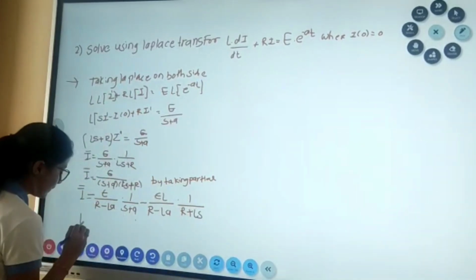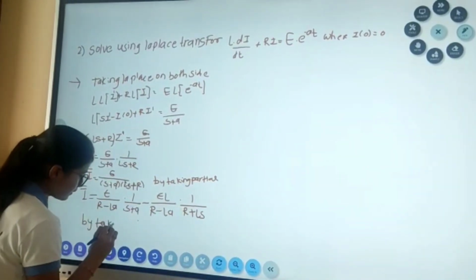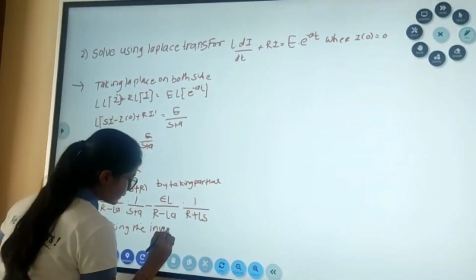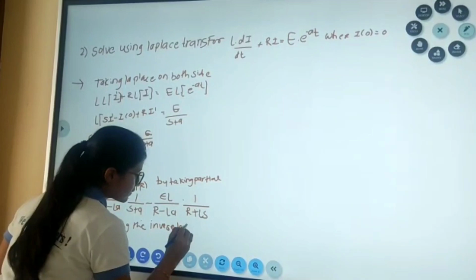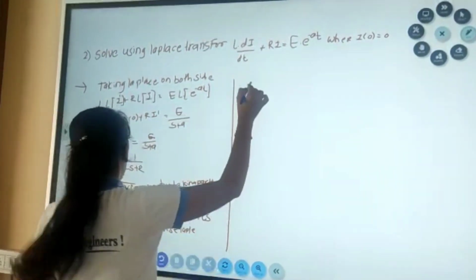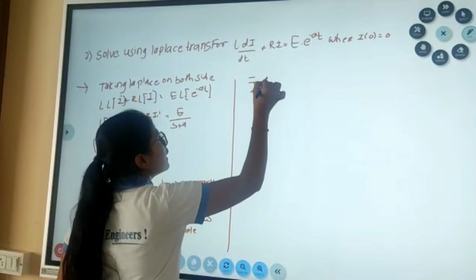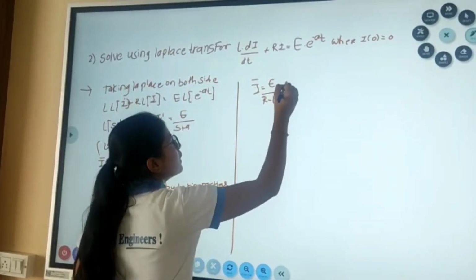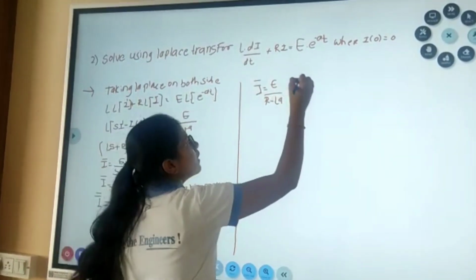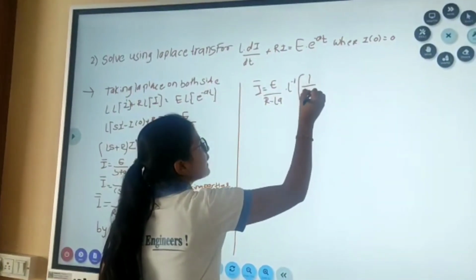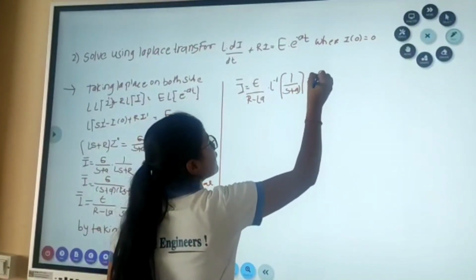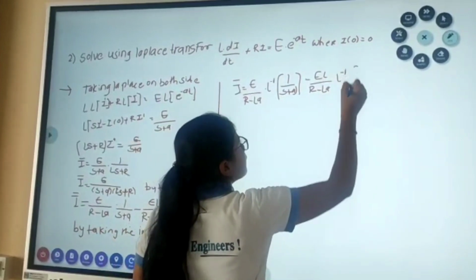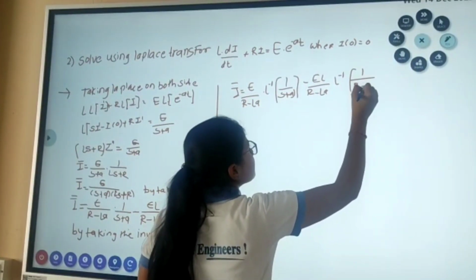By taking the inverse Laplace, the equation becomes I is equal to E upon (R minus La) into inverse Laplace of 1 upon s plus a minus EL upon (R minus La) inverse Laplace of 1 upon R plus Ls.